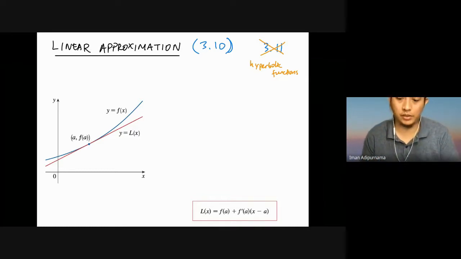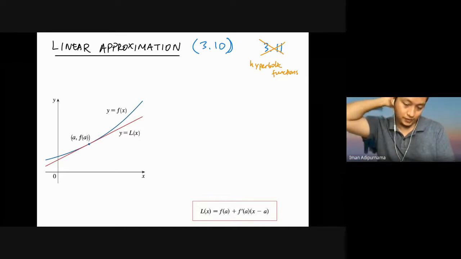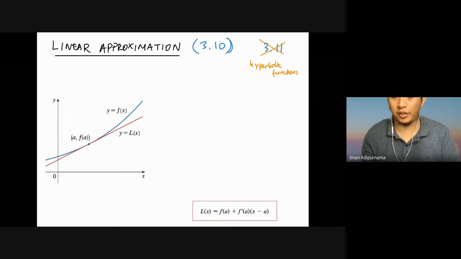In the exam, I will not include the hyperbolic functions, because I think now is already too much, and hyperbolic functions basically have similar properties with the trigonometric functions, although it's different, especially the derivatives part of the hyperbolic. So I think I will just skip it for now.